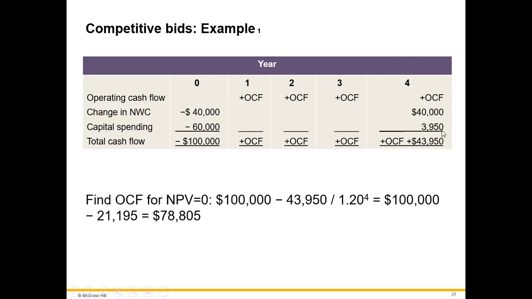And we will have positive cash flow from the sale of our machine here. How much? Well, we will calculate depreciation of the full amount.